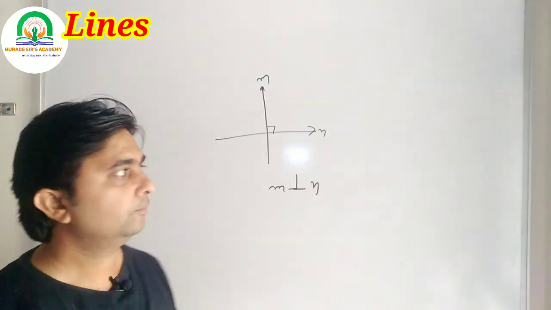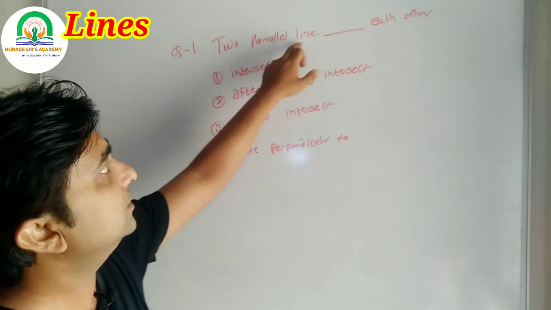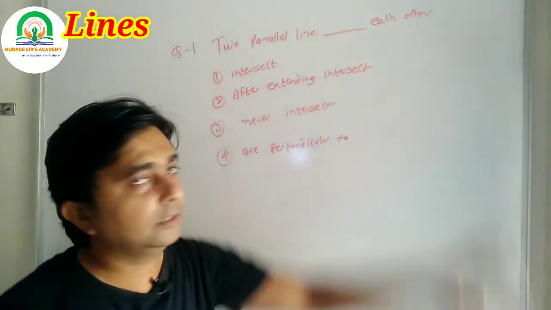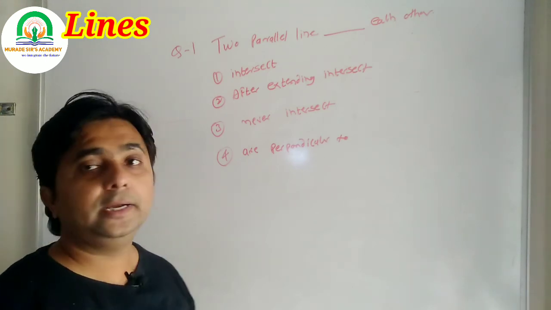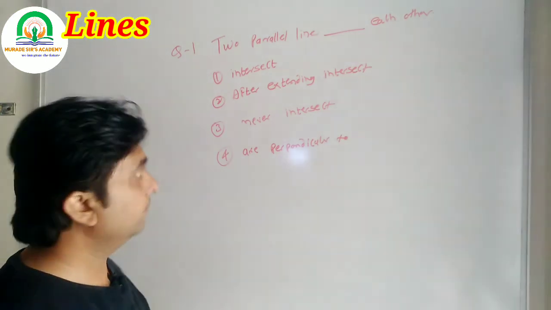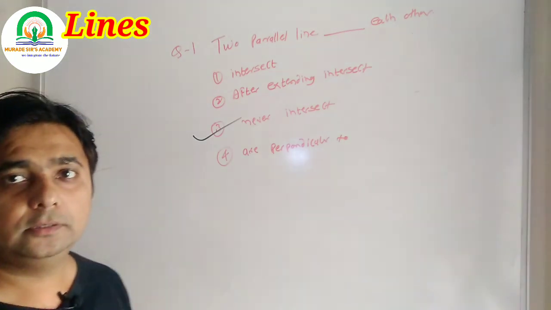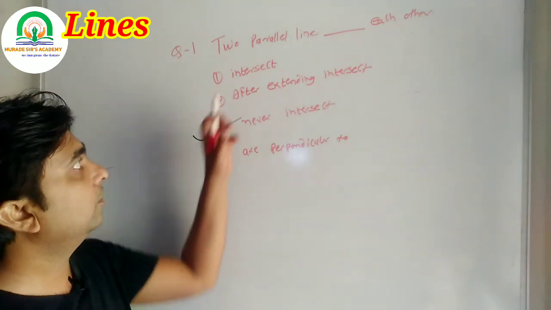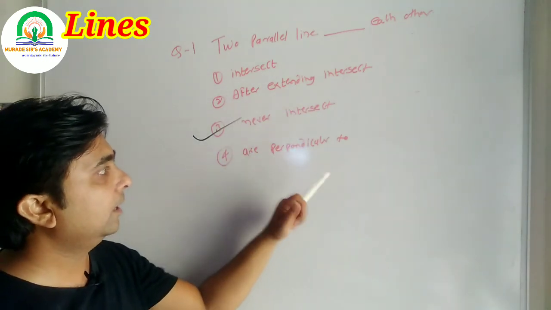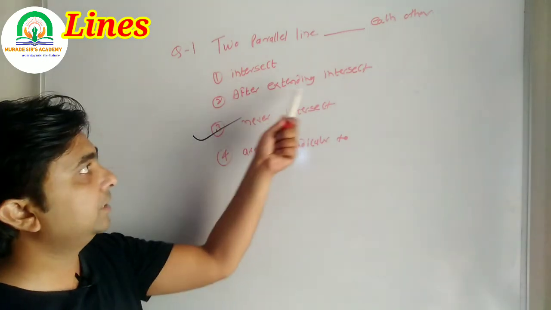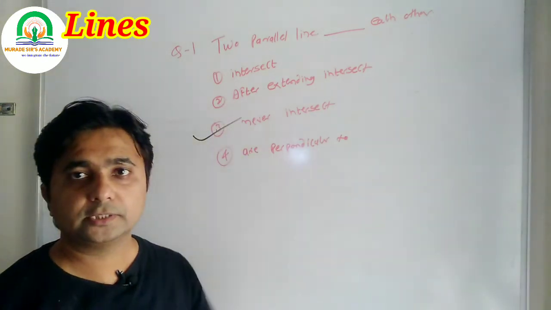We will take an example: two parallel lines blank each other. We know that two parallel lines never intersect each other. Options are intersect, after extending intersect, never intersect, and are perpendicular. Even if extended, parallel lines never intersect.